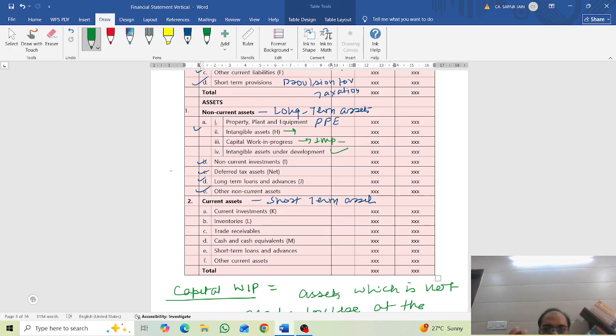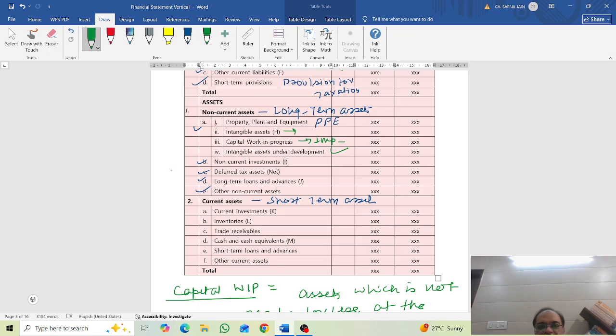Or if the loan is in the credit side in the trial balance, that means आपने लोन लिया. अगर आपने लोन दिया तो आपने एडवांसेस दिए 1 साल से ज़्यादा के लिए, so this is called long-term loans and advances. And the last one is other non-current assets, other than the first 4.